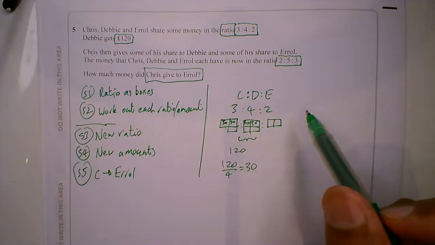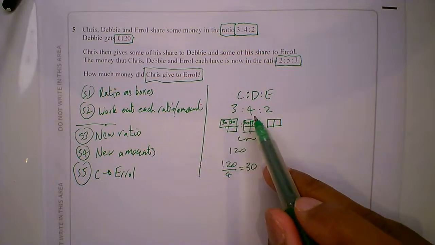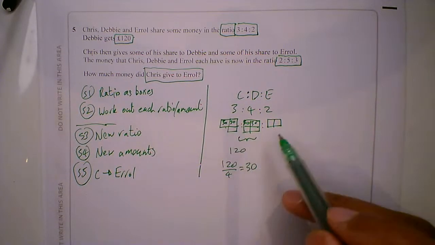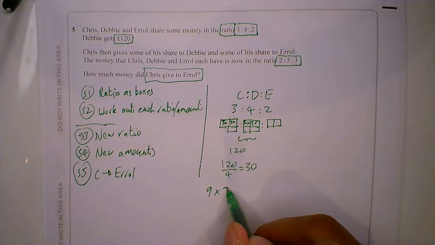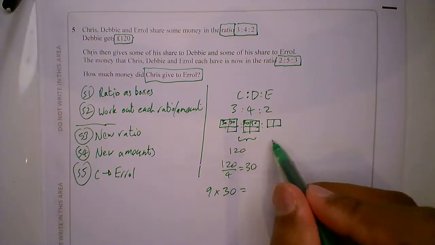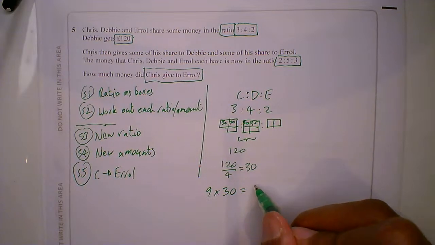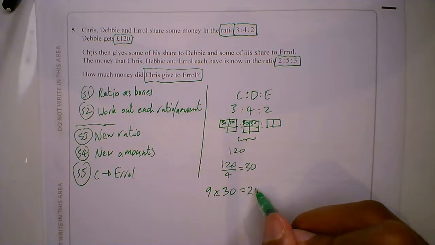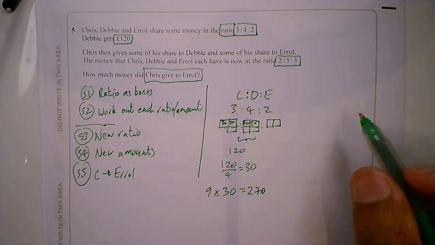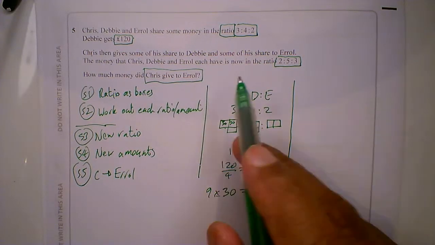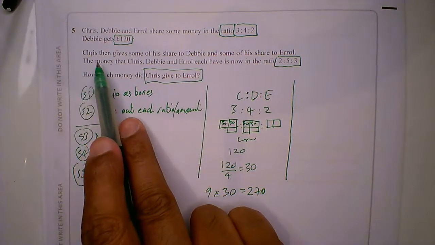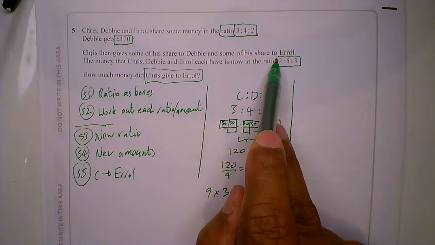So how many boxes do we have here altogether? We've got 3, 7, 9. So we can do 9 times 30 to see how much money we have altogether. 9 times 3 is 27, add the 0. It's a calculator paper, so use your calculator if you want to do that. Chris then gives some of his share to Debbie and some of his share to Errol.